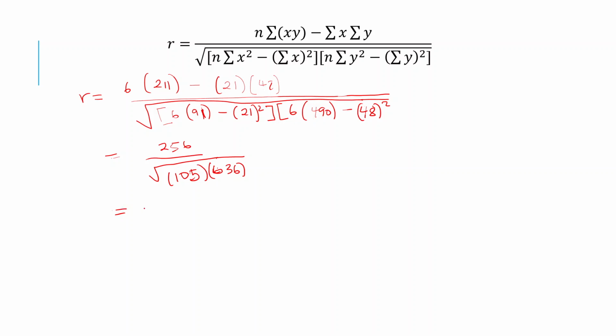Okay, for the calculations, you have 256 over 258.42. Therefore, our r is 0.990. And as you already know, if you're closer to 1, it's a strong positive correlation.